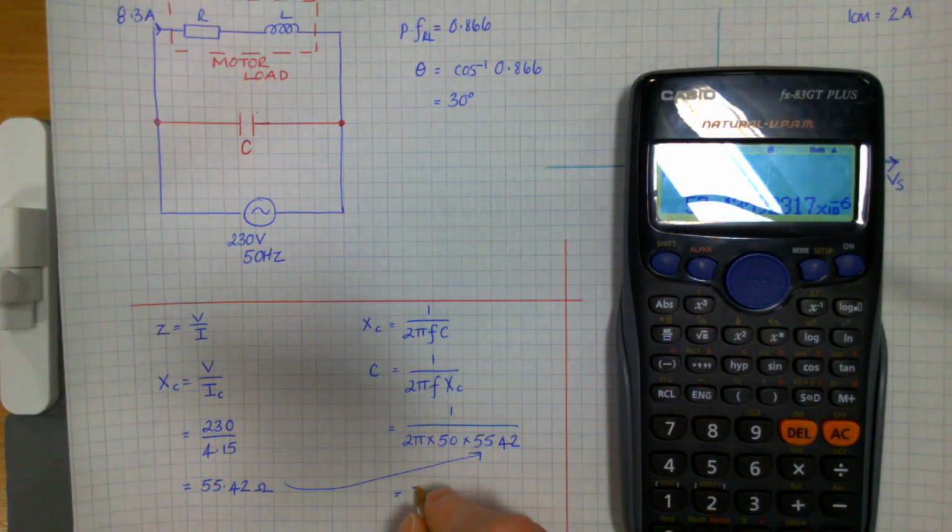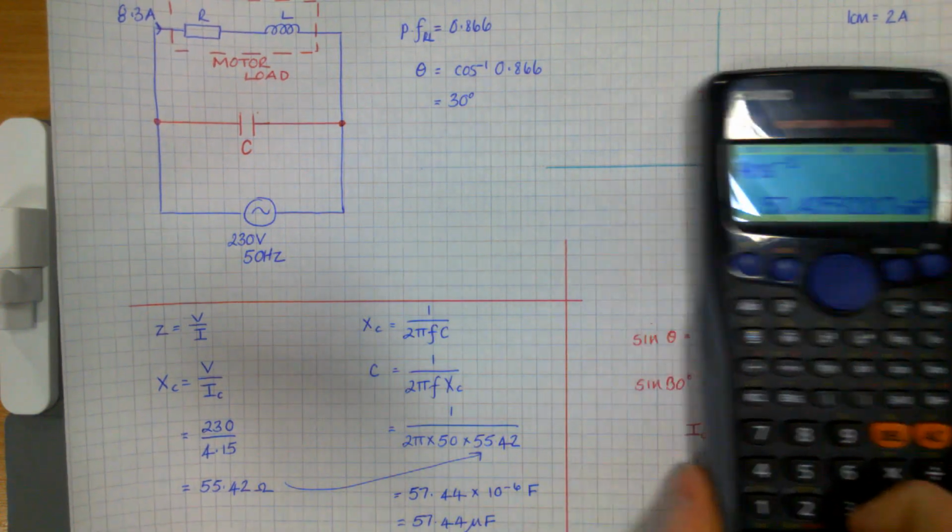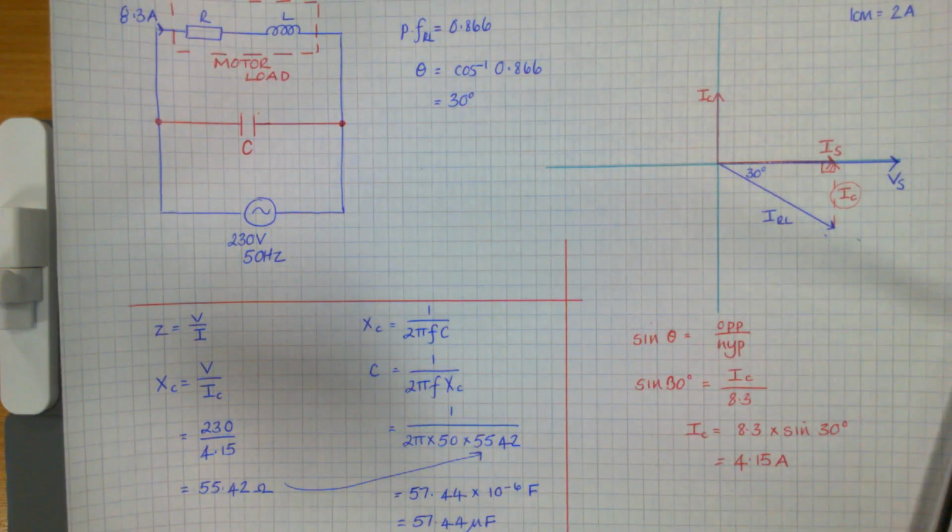So when I engineer my answer, I get 57.44 times 10 to the minus 6. Capacitance is in farads. So that's 57.44 microfarads. And that would be that done.